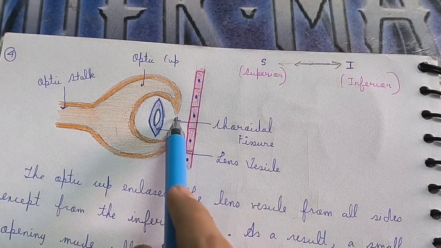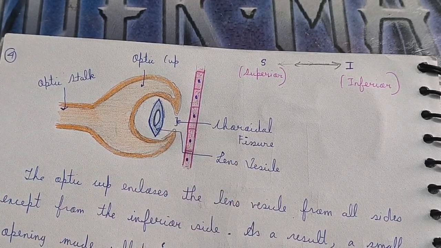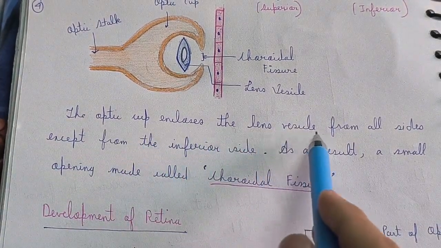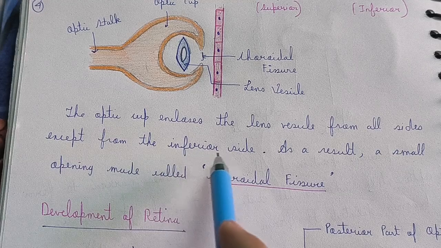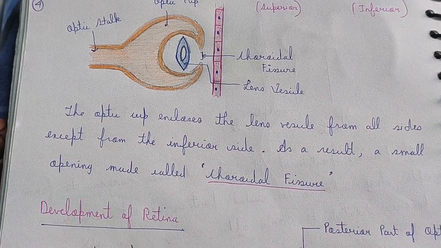As a result, a small opening is made in the inferior side, called the choroidal fissure. So I have written that the optic cup encloses the lens vesicle from all sides except the inferior side. As a result, a small opening is made called the choroidal fissure.